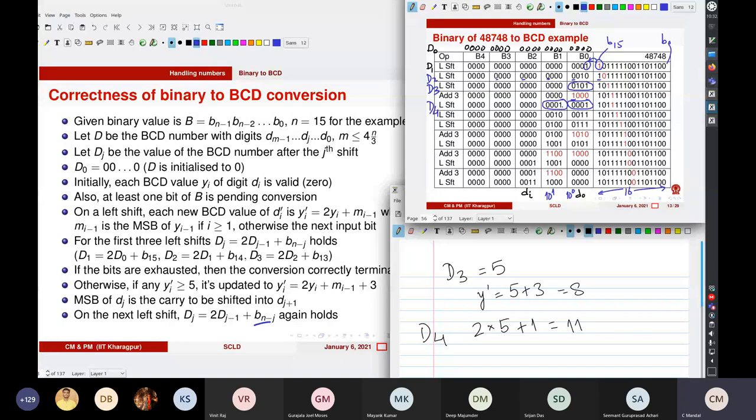So that is what you are getting through this operation of shifting. Because when these digits are left shifted, the value gets doubled. So if you left shift this 1, it becomes 2.